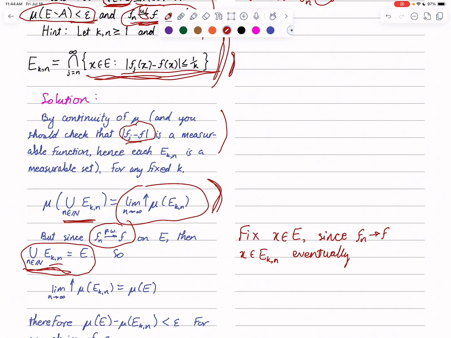And once it's in one of these sets, it's in every one of them after that, owing to how pointwise convergence works. So the point here is that the union over all of the E k n, unioning over n, and having k fixed, you get the entire space E.